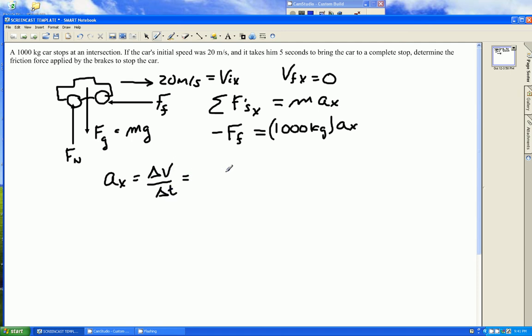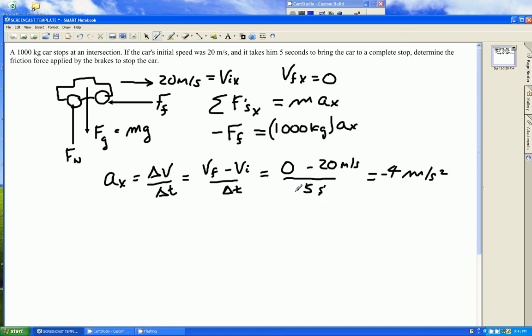Another way of stating that, it's v final minus v initial over delta t. We know that v final is 0, minus v initial of 20 meters per second, all over delta t of 5 seconds. And we come up with an acceleration of negative 4 meters per second squared.